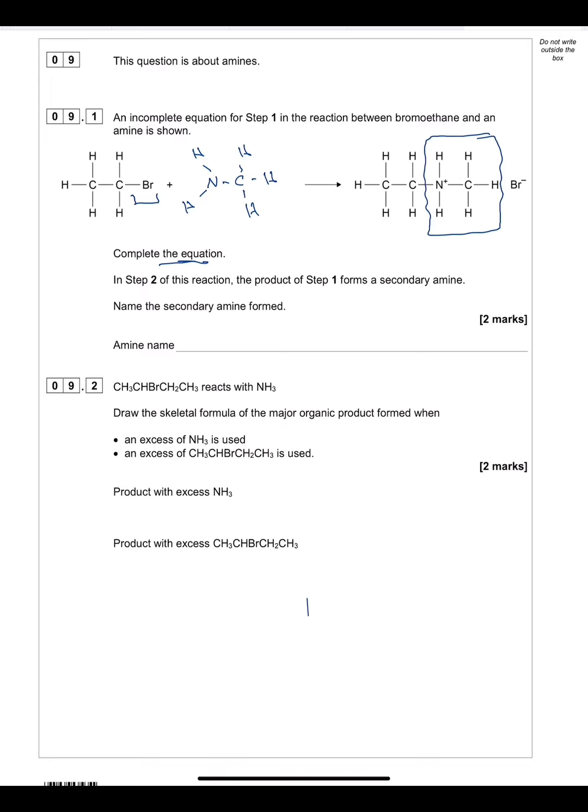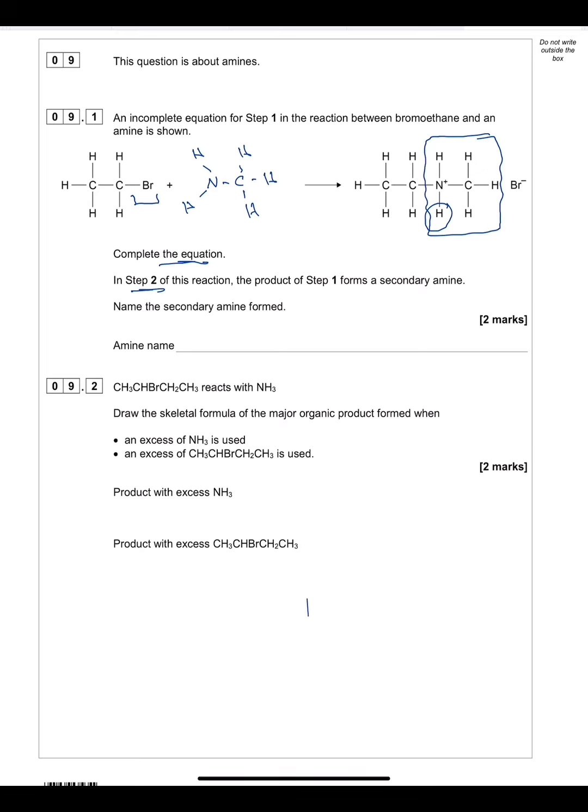And then they want you to name the secondary amine that will be formed in step 2 of this reaction. In step 2, there will be a base, which is another molecule of the methylamine, which is going to take the hydrogen from the nitrogen as a proton, and that will end up with the formation of the secondary amine.